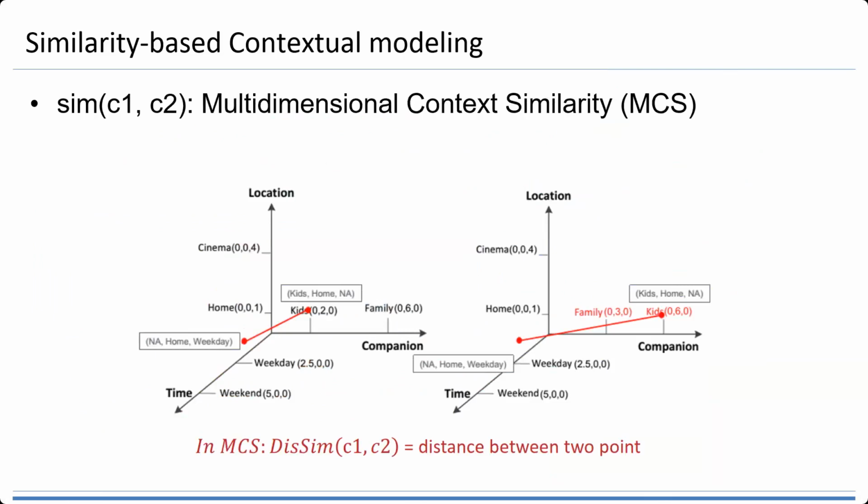There is another kind of context similarity. We call it the multi-dimensional context similarity, or MCS. In the MCS, we want to check the similarity based on the variable. For example, this is location, this is the variable companion, and this is the variable time.